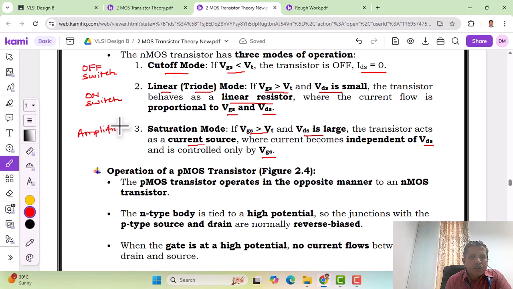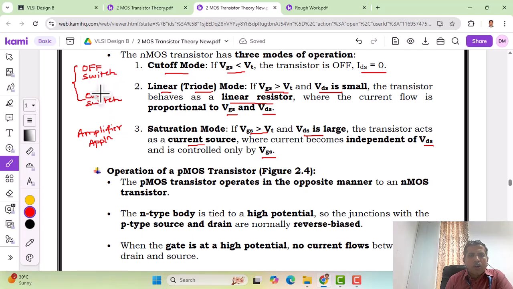So for a transistor to work as an amplifier, we should operate it in the saturation mode, where it behaves like a constant current source. So these are two different applications, not three. Almost all our computers work with the transistor as an on switch or an off switch.